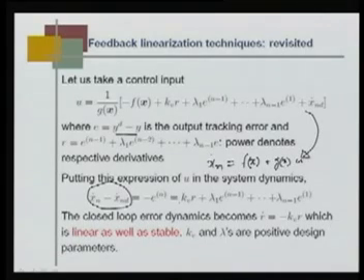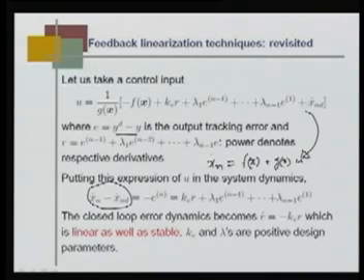Also minus f(x) will cancel with this f(x). So, hence this is k_v r plus lambda 1 e^(n-1) until lambda n-1 times the first derivative of e.